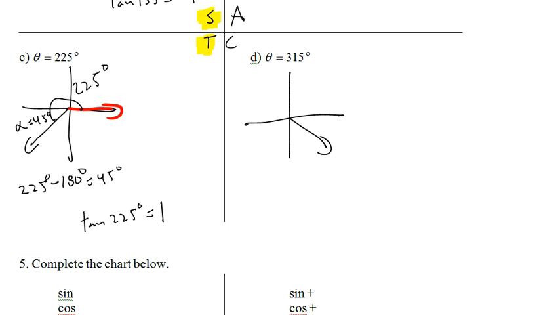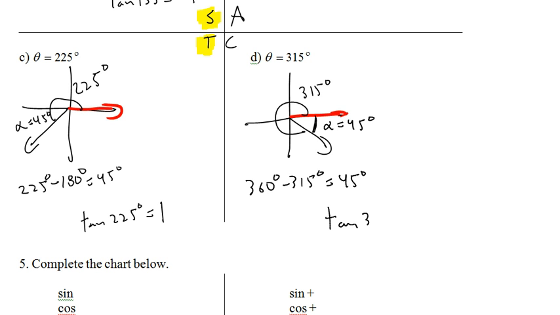315 will be between 270 and 360. Initial arm there. So there's 315 degrees there. And again, our reference angle will be in here, between the x-axis and the terminal arm. So if I go 360 minus 315, I find out again, not surprisingly, that our reference angle alpha equals 45 degrees.